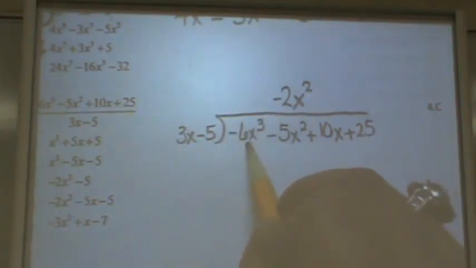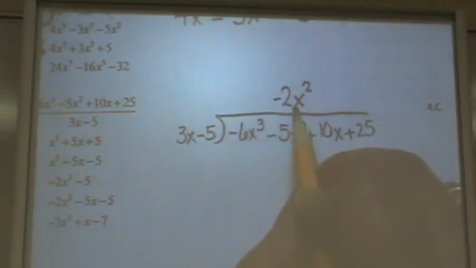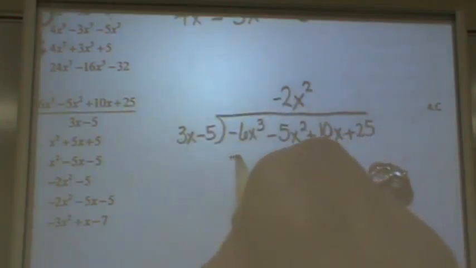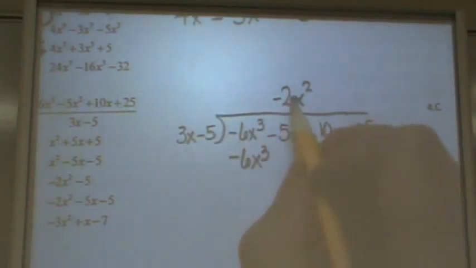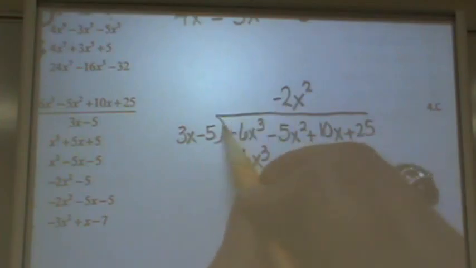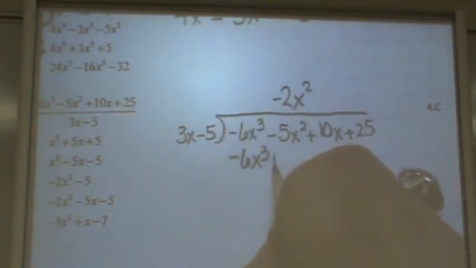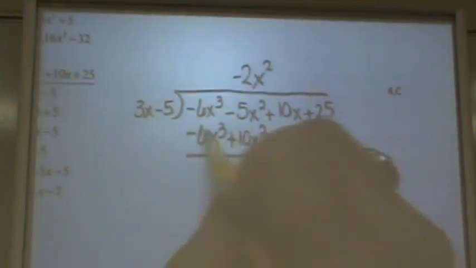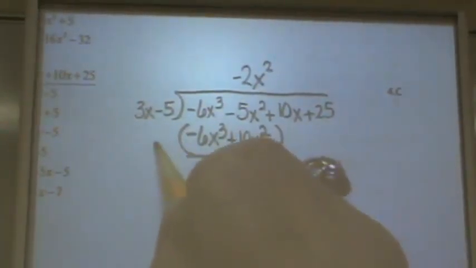We want an exact -6x cubed. So -2x squared times 3x is -6x cubed. And then -2x squared times -5 is a +10x squared. So now what we have to do is subtract these.